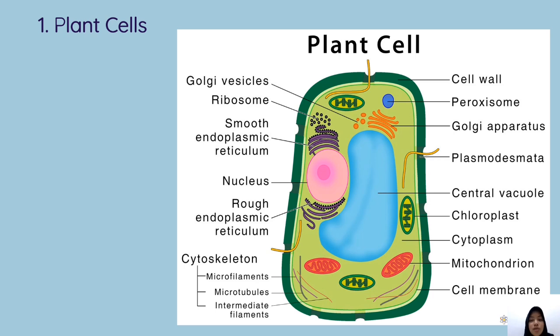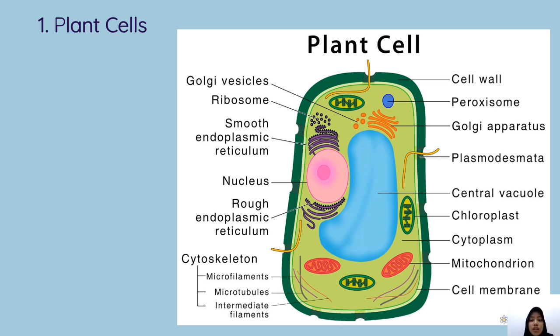And then there are microfilaments or actin filaments. They are a network of long and thin protein fibers present in the cytoplasm of the cell, having a diameter of 3 to 6 nanometer. And then microfilaments are composed of actin proteins that make them extremely strong and flexible.